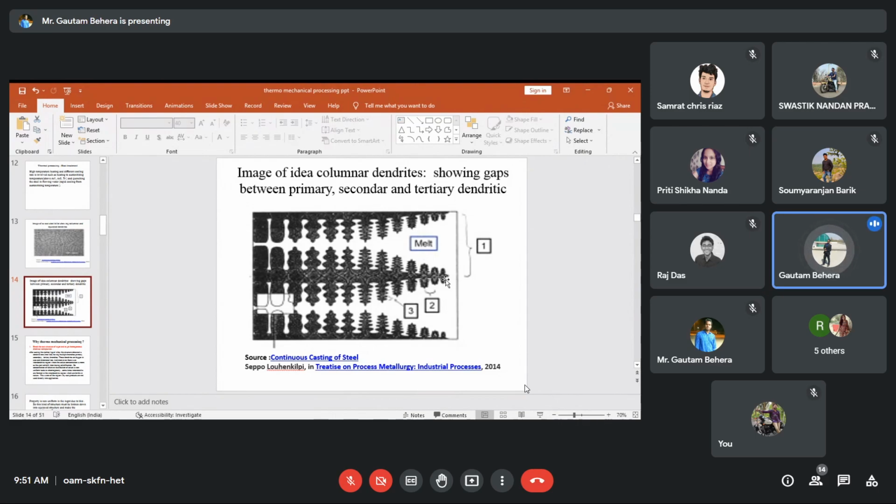Can you figure out the difference between the dendrite and the interdendritic region? Just have a look. Check the interdendritic region and the dendritic region. What difference are you seeing?